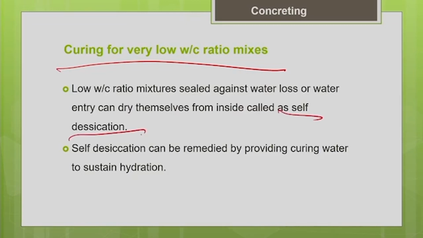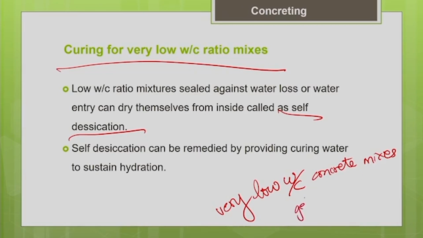Self desiccation in the sense, for very low water to cement ratio concrete mixes, the water from very small gel pores and capillary pores is consumed for the hydration, because of the limited water available.